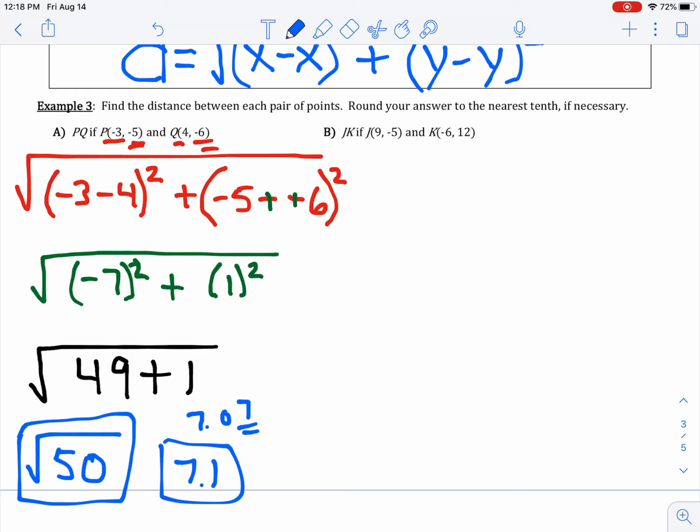So square root of 50 or 7.1, those are the same answer. All right, again, just make sure you take your time plugging it in to the formula so that you can get it cleaned up and get to the right answer. We're going to leave you letter B to try, see if you can do it. I know you guys can.